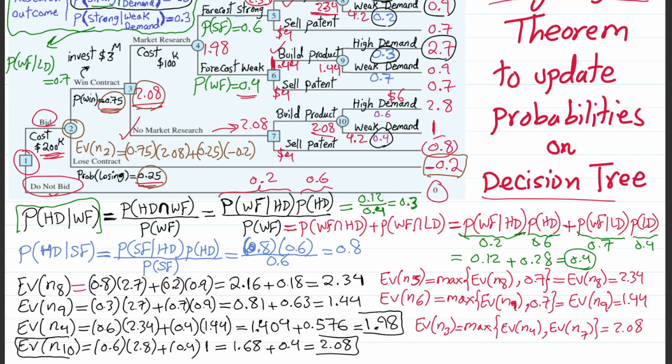Of course, this EV of node 2, you can already see that it would be a positive number. I mean, when you compute it, whatever number it is.